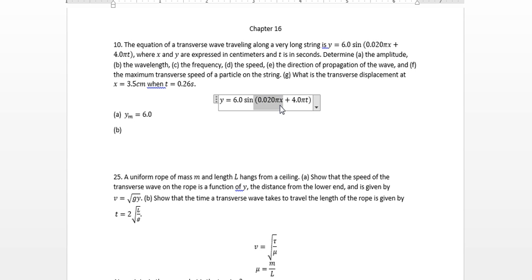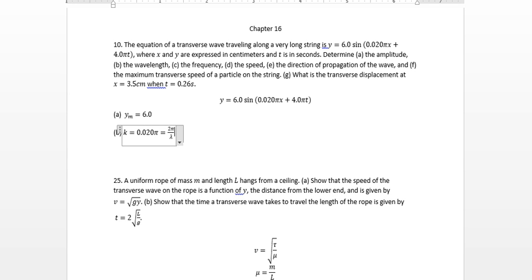So K, which is the propagation constant, 0.020 pi, is 2 pi over the wavelength, lambda. So if we just solve for the wavelength, lambda, it's just going to be 2 over 0.020.